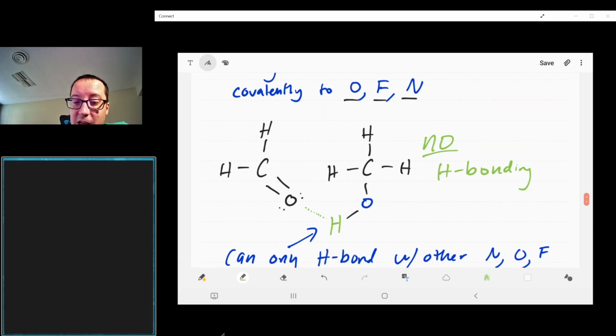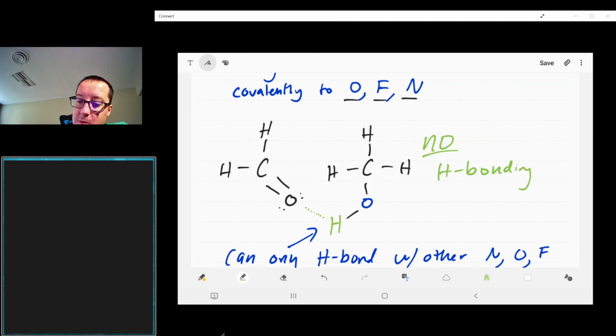We can have a hydrogen bond in this scenario, but not one with methane. Methane did not have any oxygens, nitrogens, or fluorines, so we're not going to see any hydrogen bonding between methanol and methane. Methanol is the molecule on the right here.